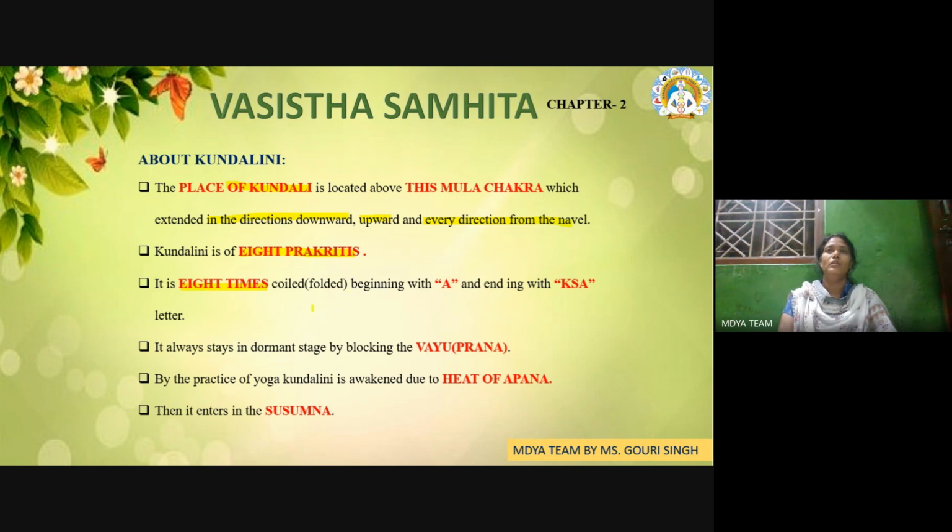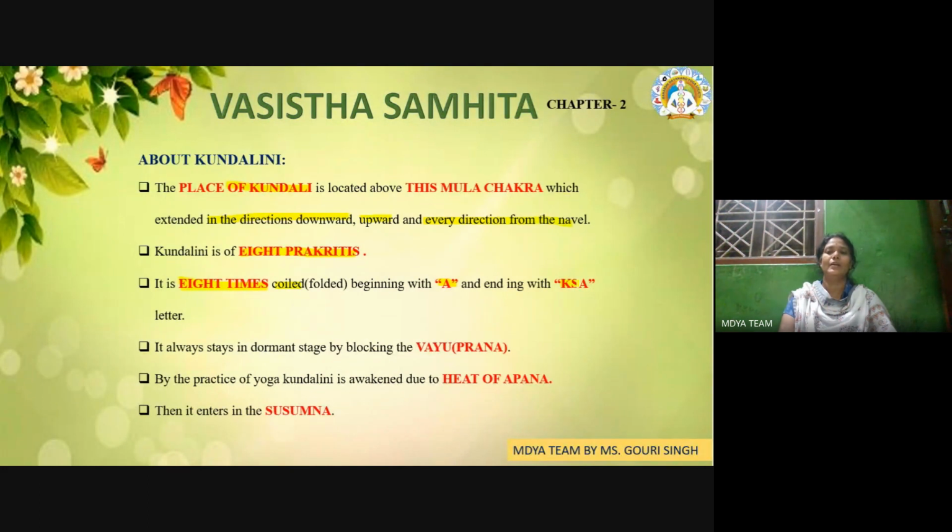In many texts 3.5 coils are discussed, but in the Vasishtha Samhita and also in the Yoga Bija, the Kundalini is described as 8-fold, 8 times coiled. And the akshara, meaning letters, are described as beginning with A and ending with Kha.